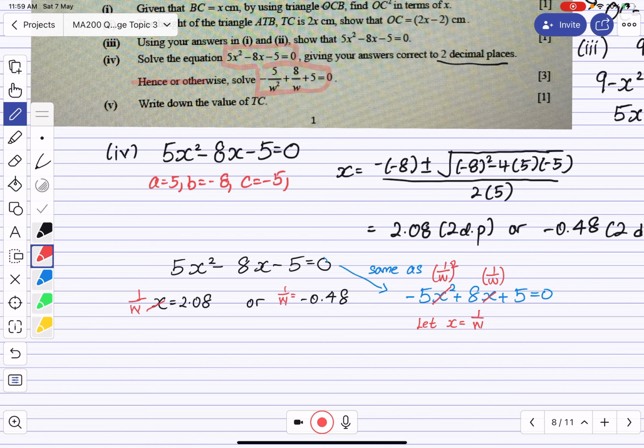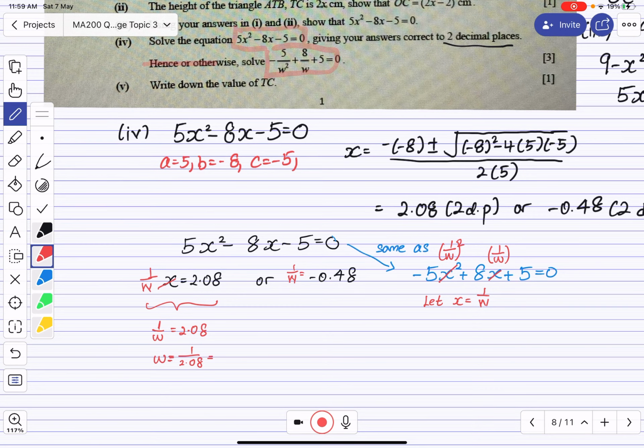This will allow me to write down my answer. If 1 over w is 2.08, w will turn out to be 1 divided by 2.08, which is 0.481.